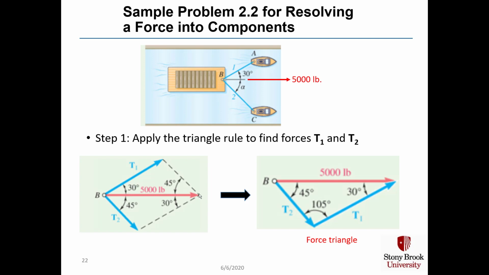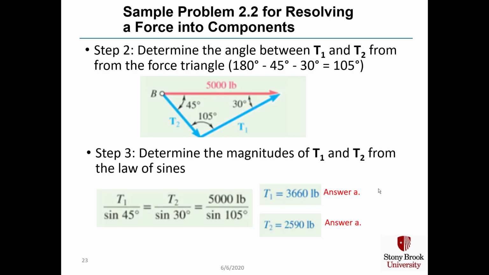Likewise, we have our 45-degree angle with vector T2 and the horizontal 5,000-pound force, because alpha is said to be 45 degrees. And we create our force triangle from one of the two triangles shown in the picture, in this case the bottom one. The angle between T2 and T1 is 105 degrees because 180 minus 45 minus 30 equals 105 degrees.